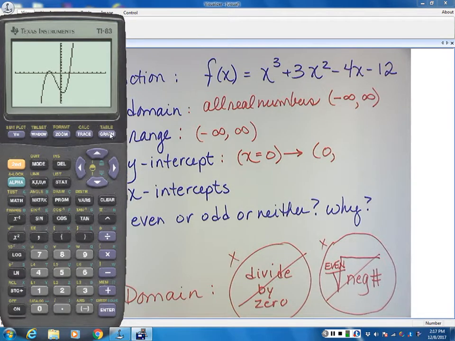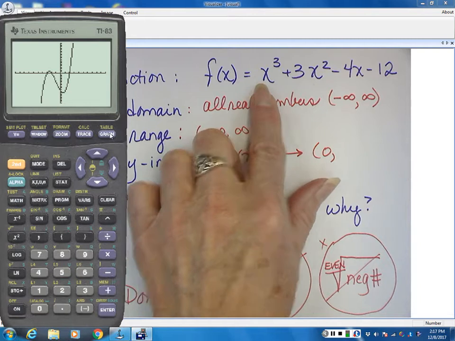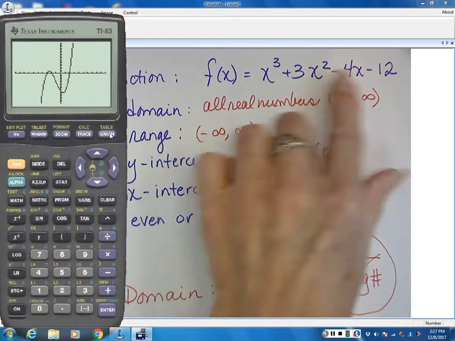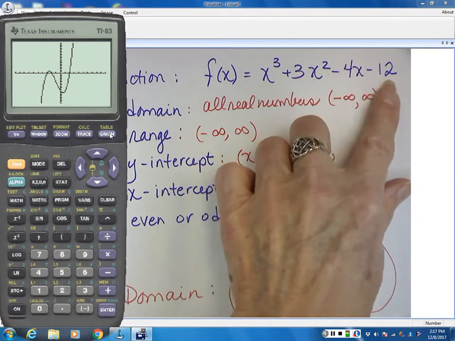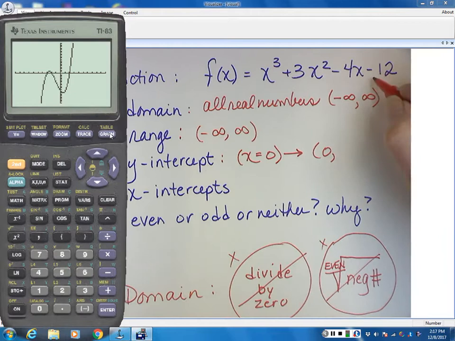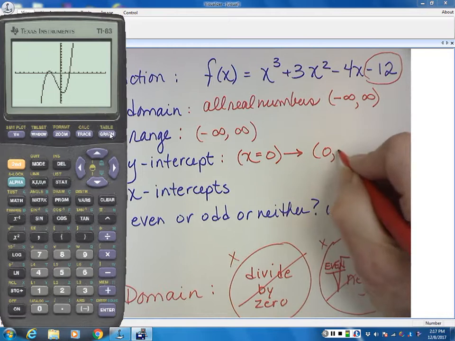If x is 0, then this is 0 cubed plus 3 times 0 squared minus 4 times 0 minus 12. So knowing that if x is 0, if you plug that in, you know that y is going to be negative 12 just by looking at it.